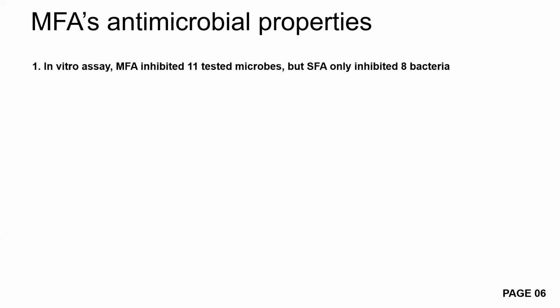Then I studied in vitro microbial inhibitory ability. Briefly, maltodextrin fatty acid ester inhibited all 11 microorganisms tested, but sucrose fatty acid ester could not inhibit 3 microorganisms, indicating the broader inhibitory spectrum of maltodextrin fatty acid ester.